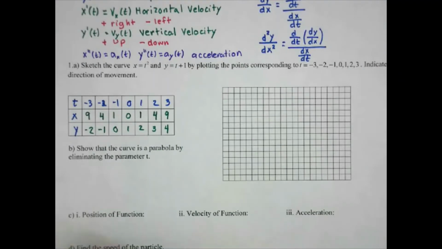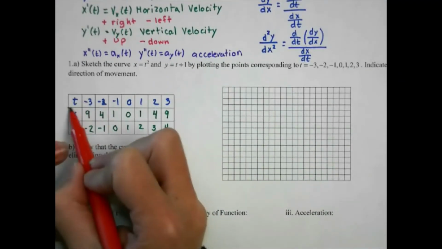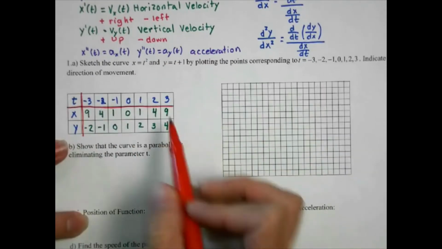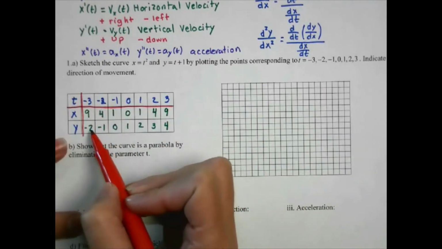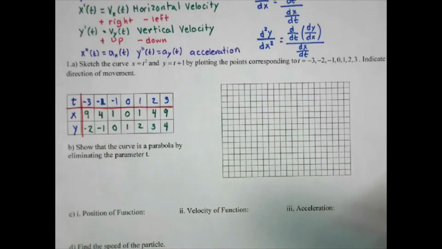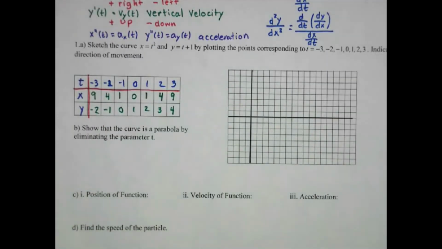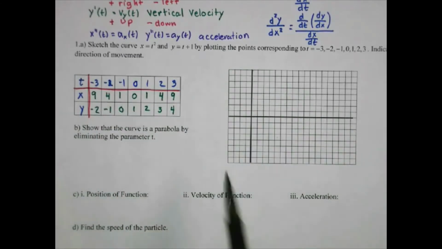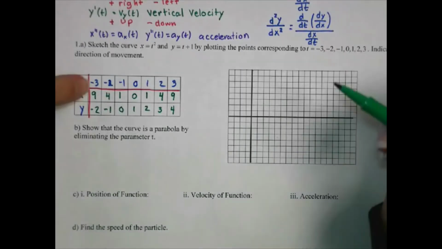Now when we graph, we're only graphing these coordinates, this x coordinate, this y coordinate. My x values go from +9 down to 0, so I have no negative x values. So we'll just graph.